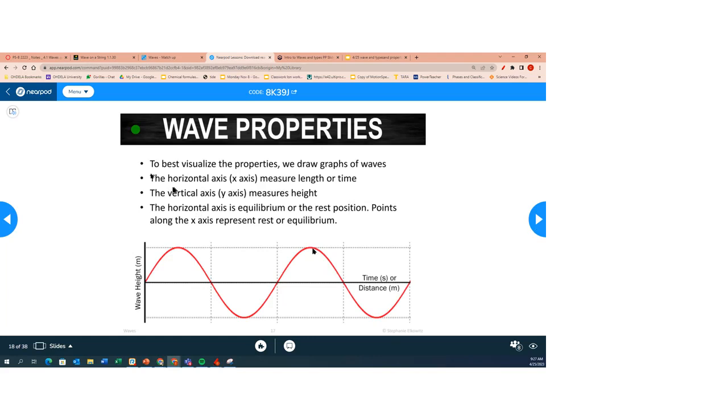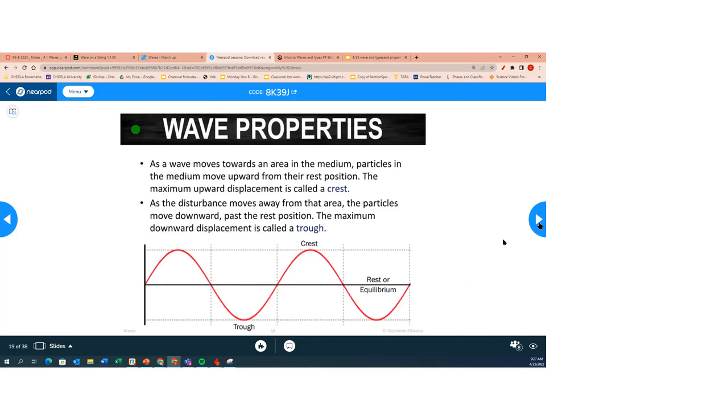So the horizontal axis is the x-axis. It measures time, or distance, and then the y-axis measures height. The horizontal axis is the equilibrium or rest position. So we have the rest position as the line there. Points along the x-axis represent rest or equilibrium.